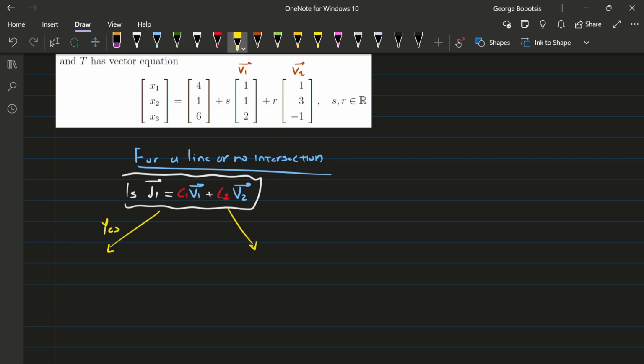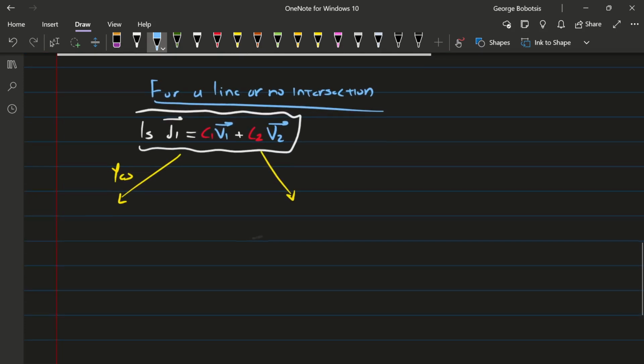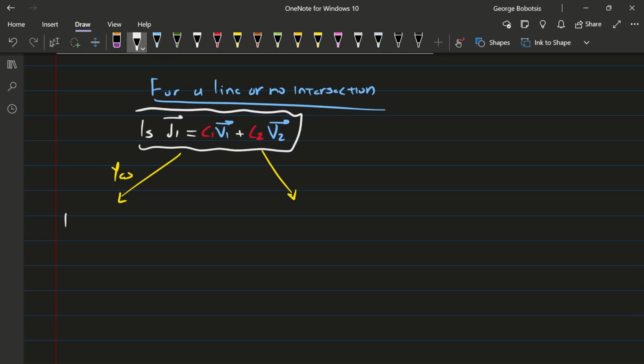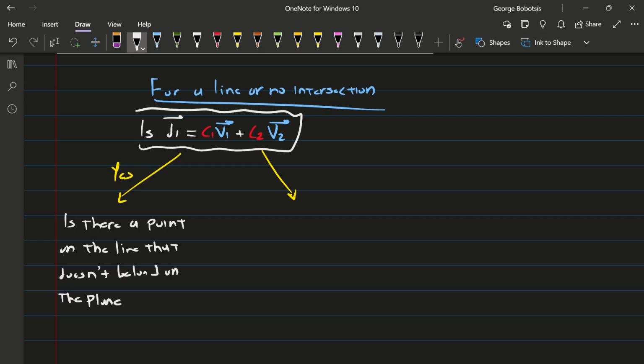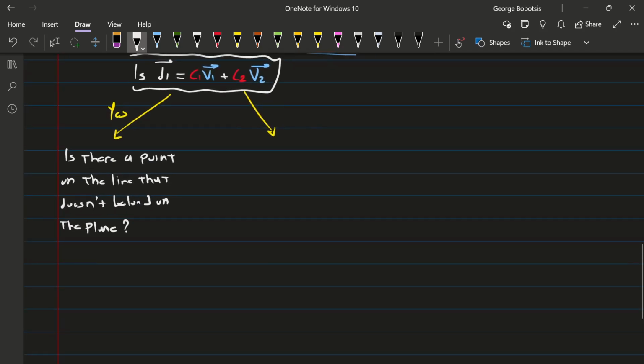And then depending on the answer, we move on. So if it's a yes, we have to ask another question. Is there a point on the line that doesn't belong on the plane? So we have to answer this next.